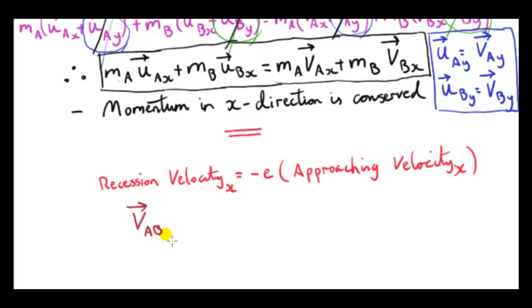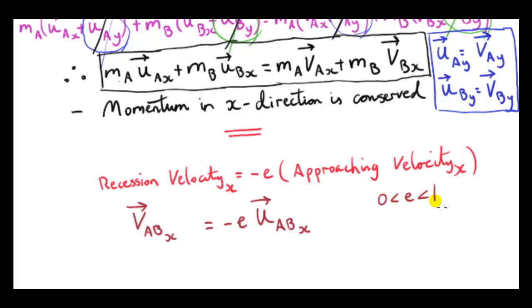And we just want the x component of that velocity. So if we use VAB on the left hand side, we have to use UAB on the right hand side. And we want the x component of sphere A relative to B before the collision. Now e, the coefficient of restitution, depends on the materials that the spheres are made out of. We know that that's a number between 0 and 1.